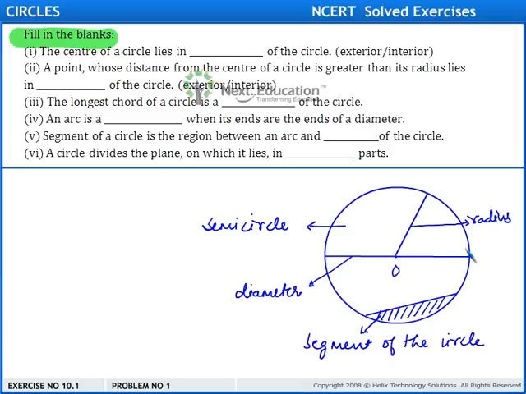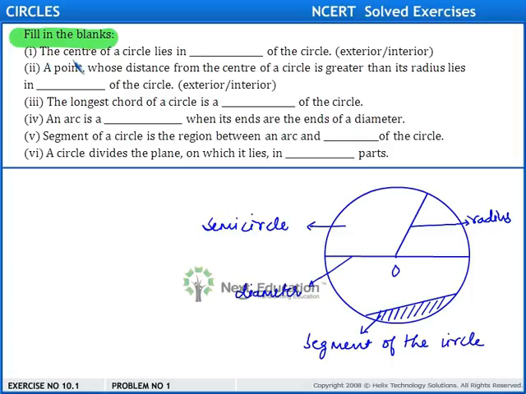And this circle divides the plane on which it is lying into three parts: the exterior of the circle, the interior of the circle, and the circle itself. Now, with this information, let us answer the above blanks.